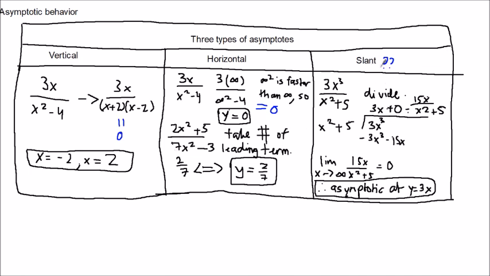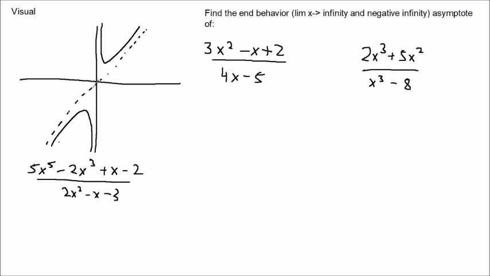This is a slant asymptote. What's a slant asymptote? It's one of these asymptotes that the rational function doesn't really reach. It doesn't reach a linear line, or it doesn't reach a quadratic line, right?